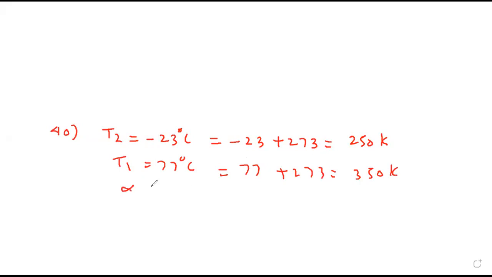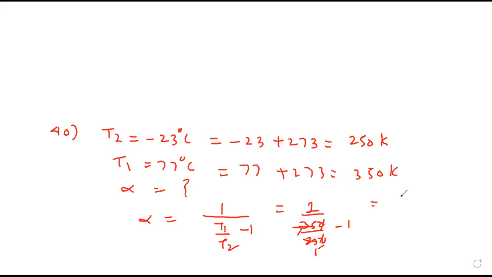The coefficient of performance is how much? Coefficient of performance is given by 1 upon T1 by T2 minus 1. So this will be 1 upon 350 upon 250 minus 1, that is 1 upon 7 upon 5 minus 1, which is 1 upon 2 by 5. So 5 by 2, 2.5 is the required option.